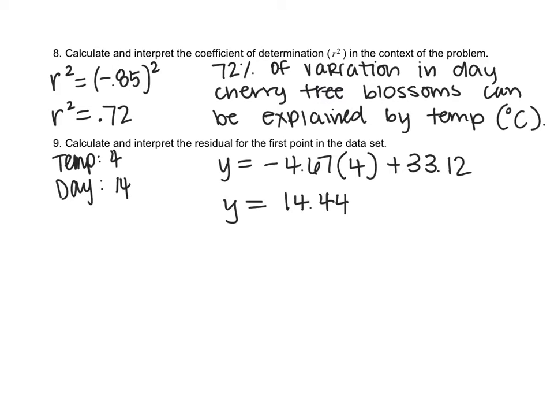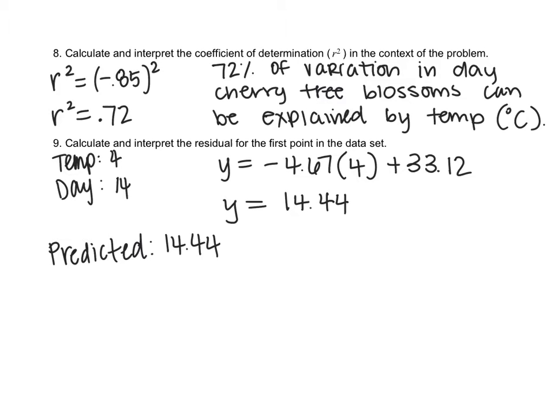Our linear regression model tells us that if the temperature is 4 degrees Celsius, then our predicted value is that the cherry tree will blossom on day 14.44.